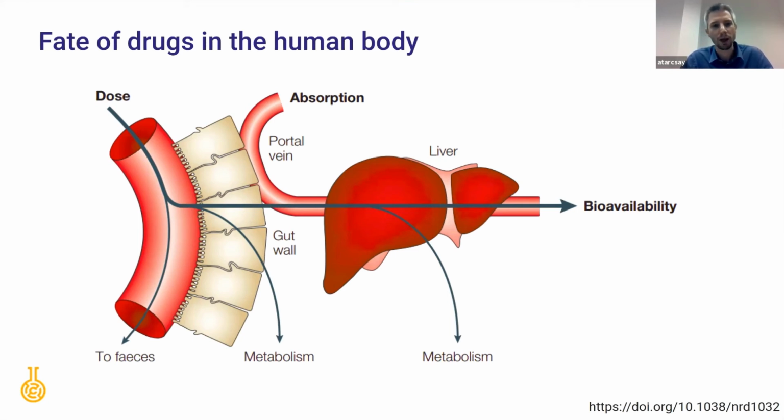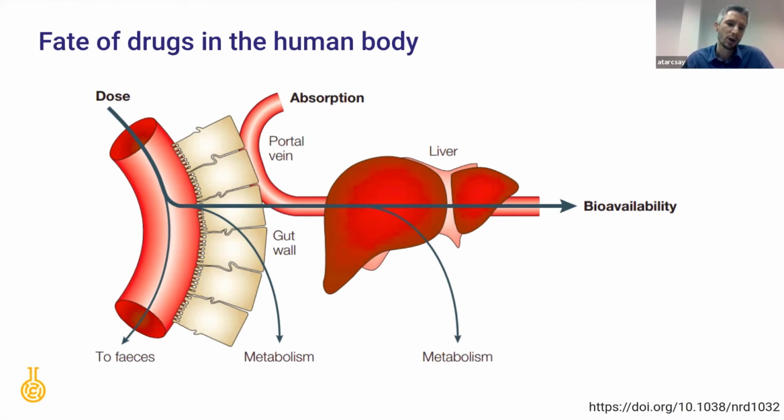Then it passes the gut wall to get into the portal vein, where it will go first to the liver. There will happen the first part of the metabolism of the drug, and then it can reach its therapeutic target. So the process itself involves multiple proteins, membranes, physical chemical processes.